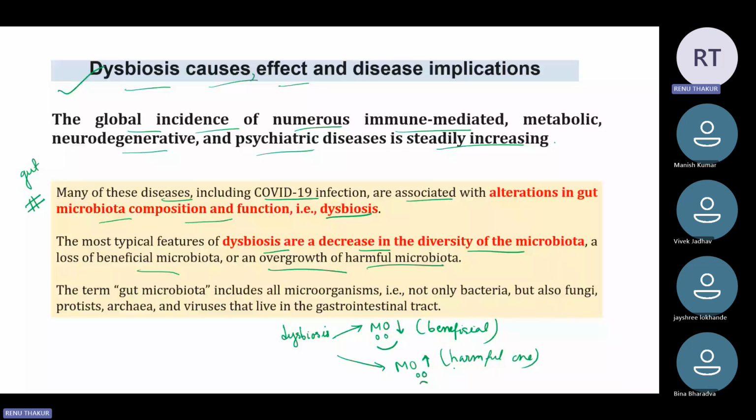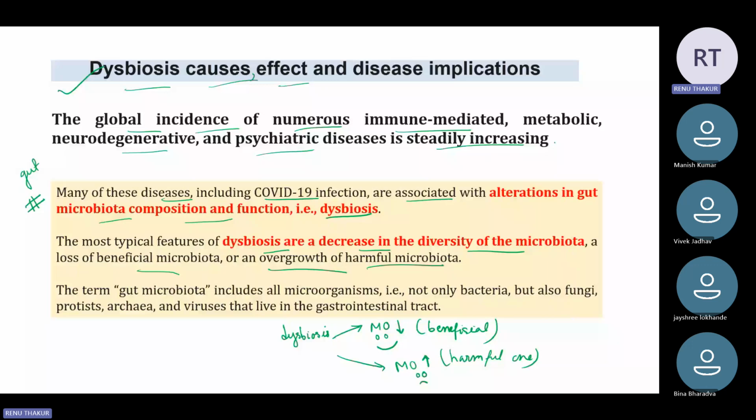So dysbiosis is a condition in which the bacteria which increase are the disease causing ones, the pathogens. So you have to take care of your overall gut microbiome composition. So this is the characteristic feature of a dysbiosis or an impaired gut microbiome or impaired gut microbiota system.